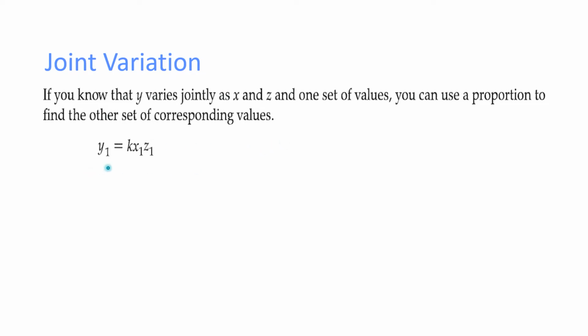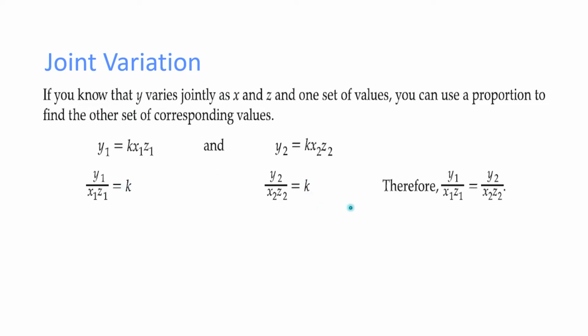If y1 equals k x1 z1, then k would equal y1 over x1 z1. And similarly, if y2 equals k x2 z2, then k would equal y2 over x2 z2. Now that we have k as the subject, we can say that y1 over x1 z1 equals y2 over x2 z2.